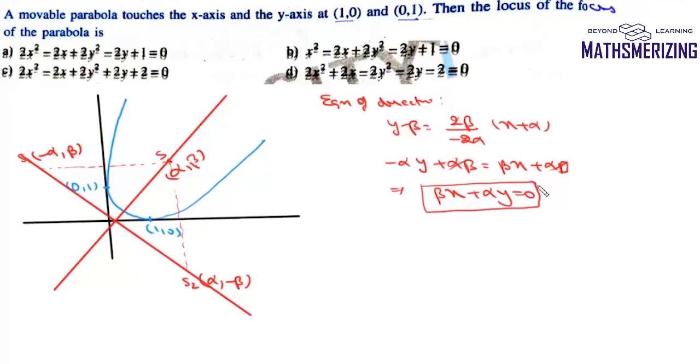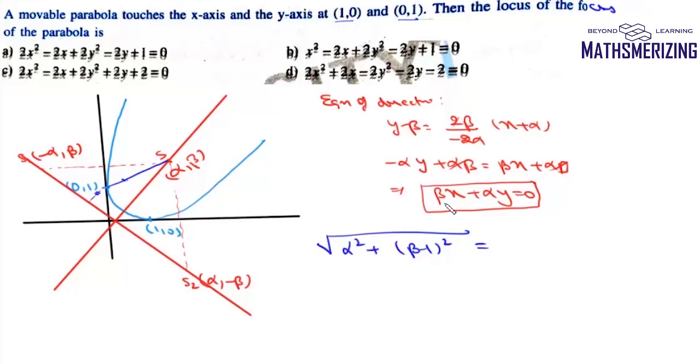Now it's a locus problem. We need to find the relationship between alpha and beta. Now we know that the distance of any point from the focus is the same as its distance from the directrix. So for this point (0, 1), we write this distance as under root of alpha square plus (beta minus 1) whole square, and it should be equal to the distance of this directrix from (0, 1).